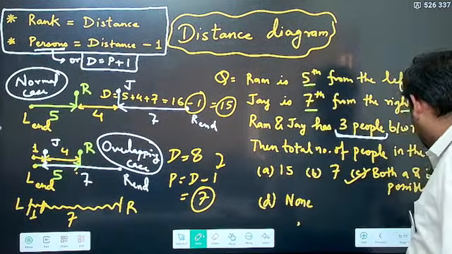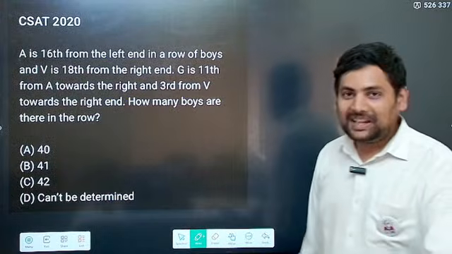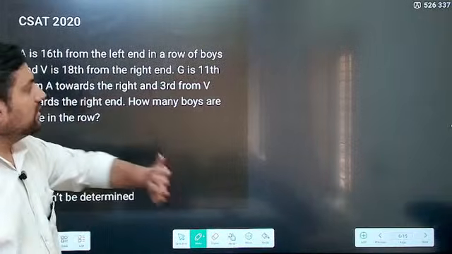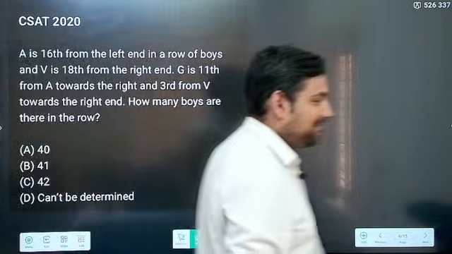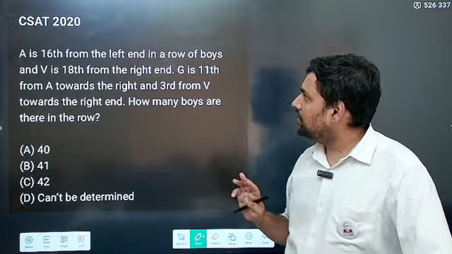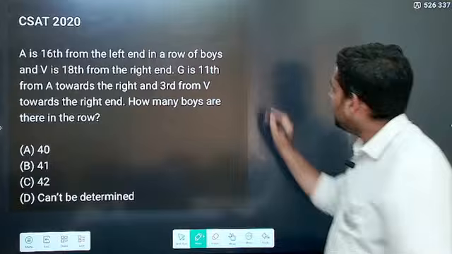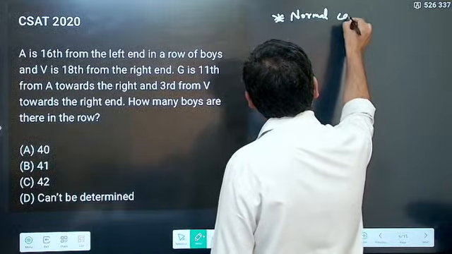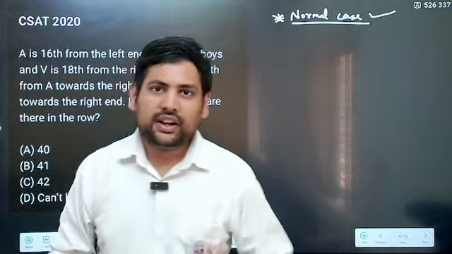Okay, now let's start doing questions. Let me do this one. It takes a bit of time. Now I'll do this one, then from the next one you can do. A is 16th from the left end of the row of boys. One thing you should keep in mind is that we first draw the normal case only and try to find it out.